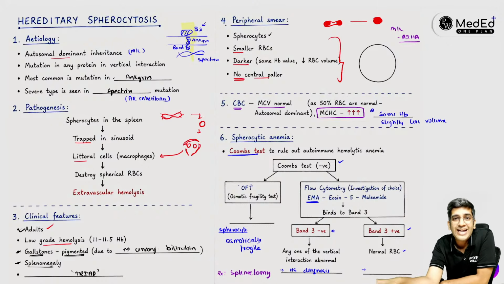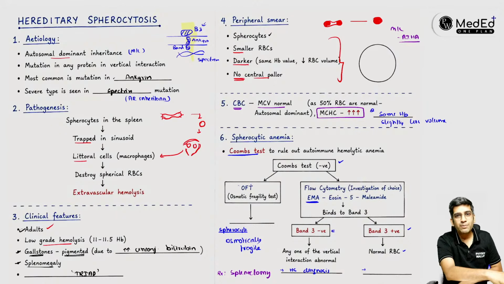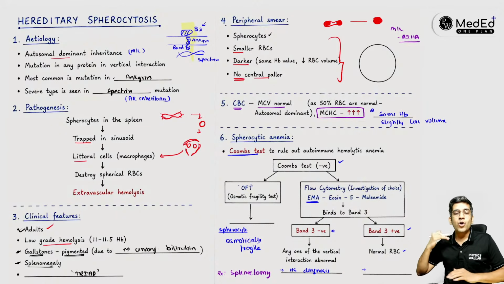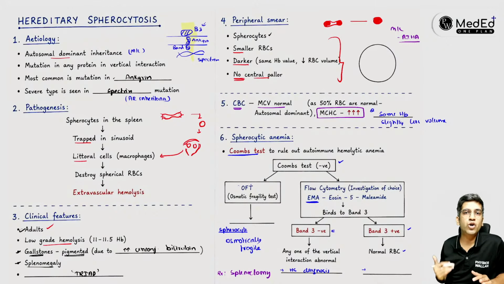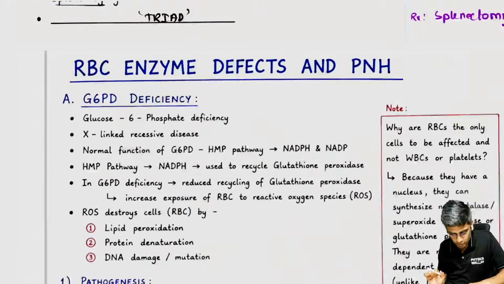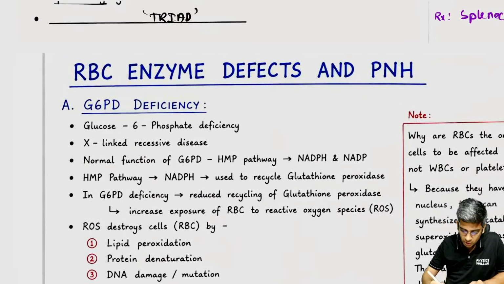So if I lose NADPH, what is the big deal? What recycling will not happen properly? Very simple, superb: the glutathione recycling. I need glutathione because it is the most important free radical scavenger for me. So in G6PD deficiency, I'm going to have more reactive oxygen species induced damage to the RBCs. That's it. Okay, let's go. Same thing, I'm going to have glucose-6-phosphate dehydrogenase deficiency.